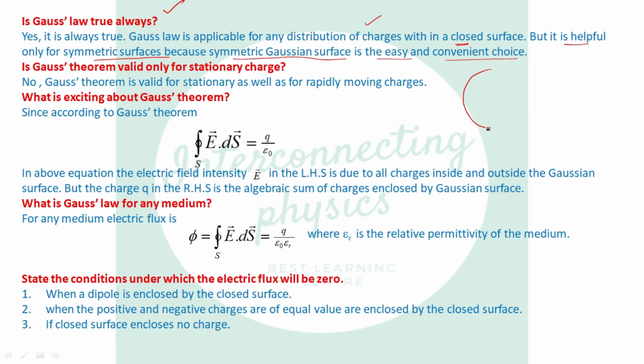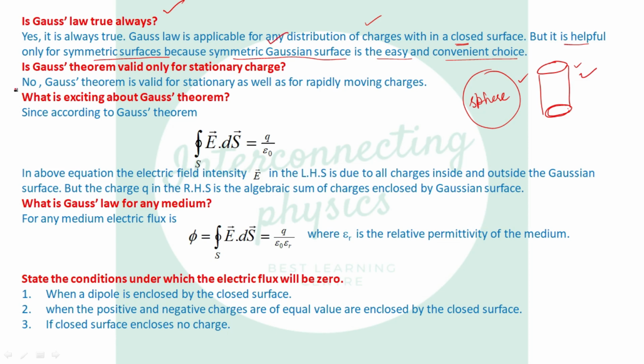Suppose a sphere or a cylinder. These are symmetric surfaces because in these cases the integration is very easy to solve and the symmetries are very easy to understand. So that's why it is applicable for any distribution, any shape, but it is helpful for a symmetric Gaussian surface.